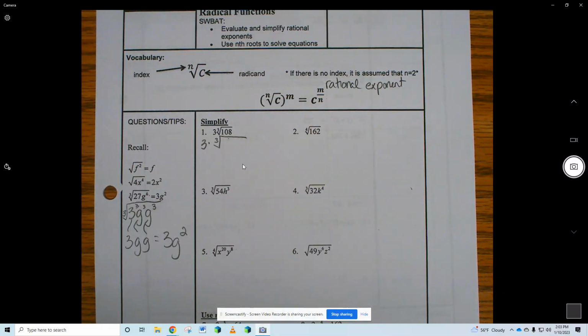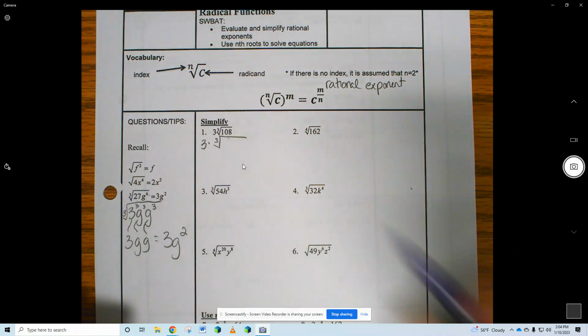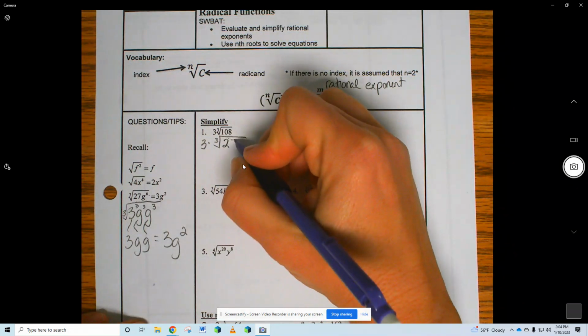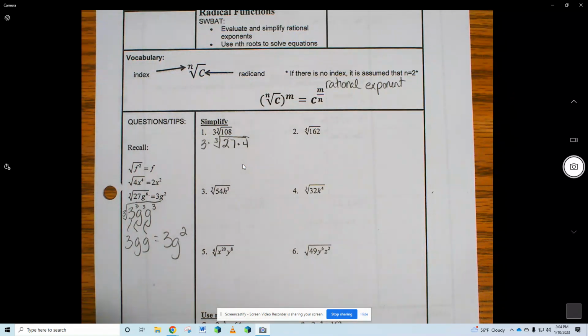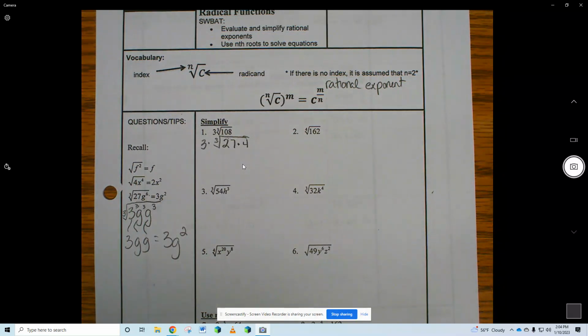4 is not a cube root. That would be 4 times 4. Yeah, 27 times 4. 27 is the cube root. And again, I'm not expecting that you have that memorized. Let's see.